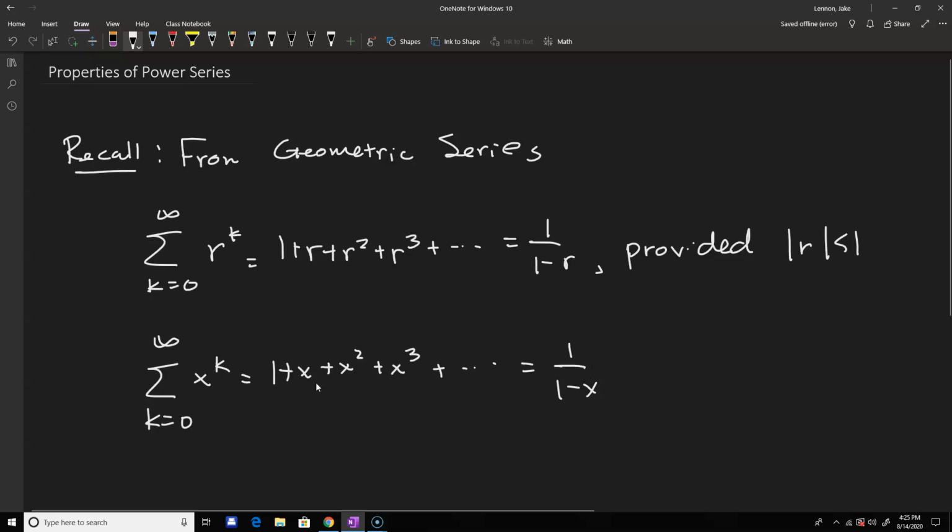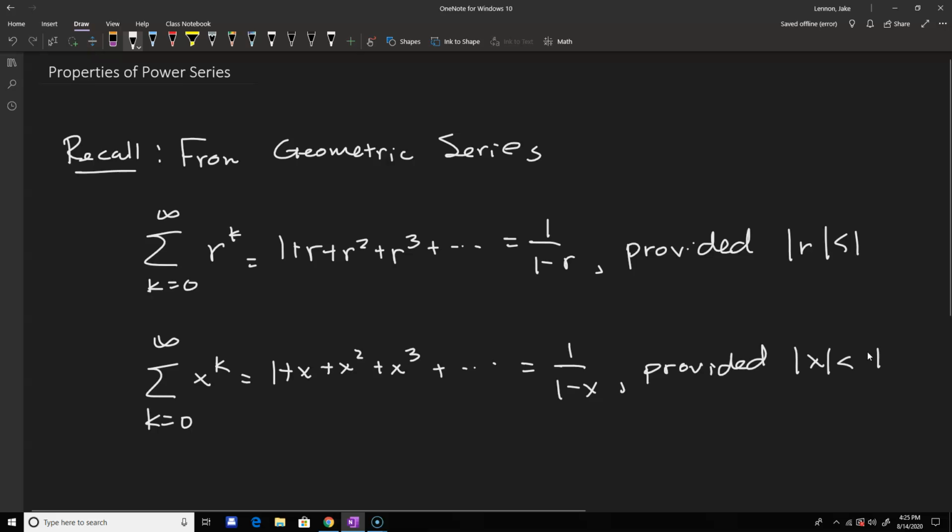That is, in fact, the Taylor series, since it's infinite, of this function. And again, it's only convergent to this function provided the absolute value of x is less than 1.